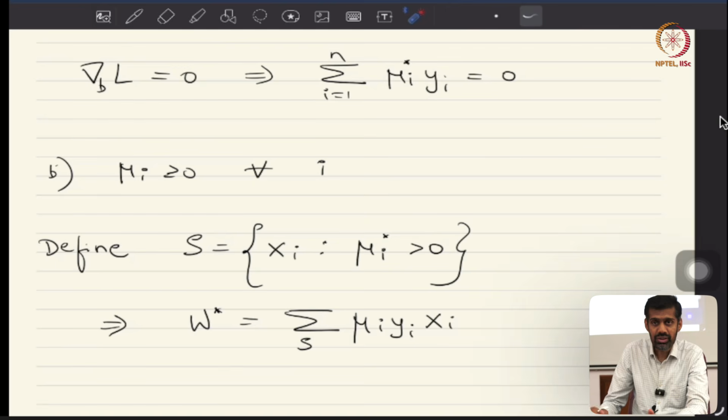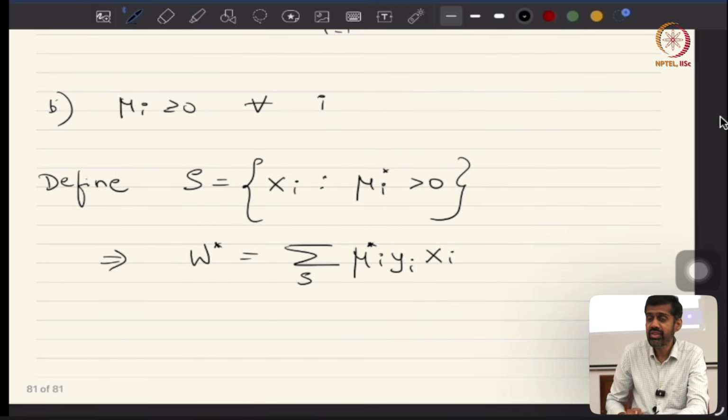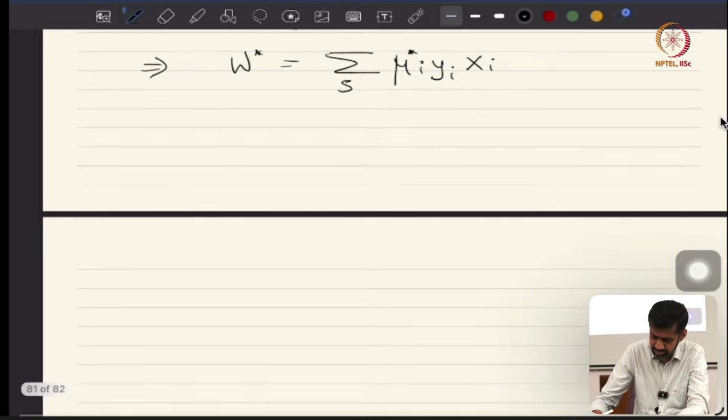Now what should we do? To find the final decision boundary w star, we need to find the optimal Lagrange multipliers, mu_i star. Yes, we will have to find the optimal Lagrange multipliers. Any questions so far? Okay, good.